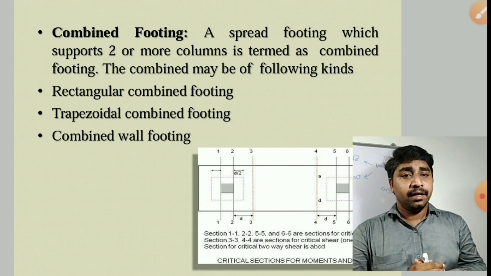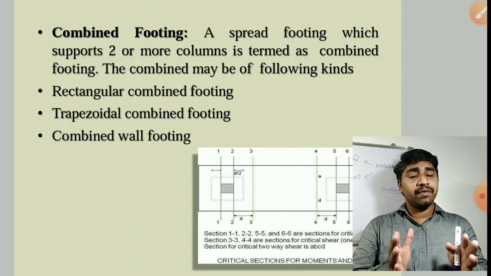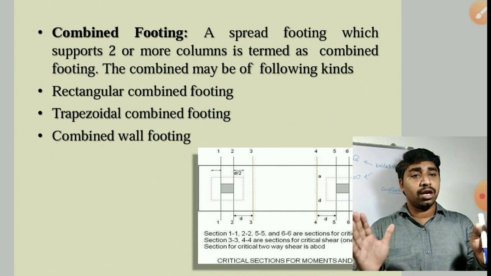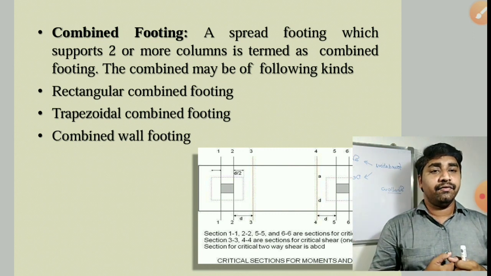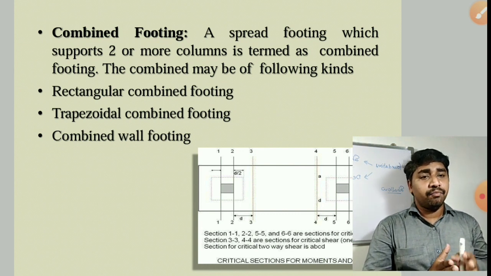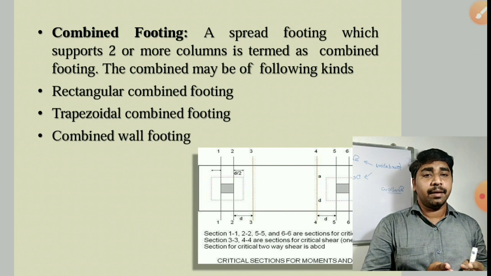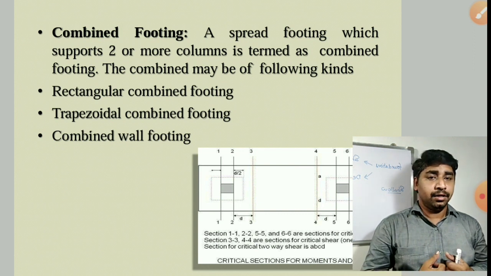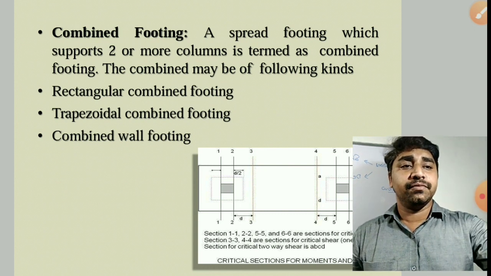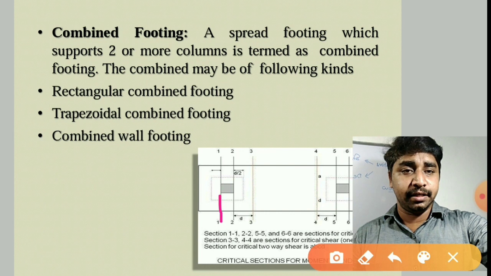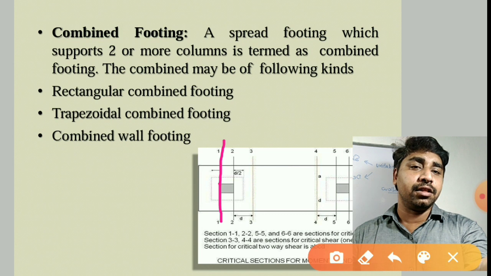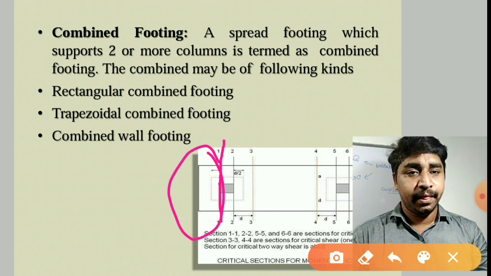But sometimes one column will be at the end of the property line, or both columns will be at the ends of the property lines, where the other half portion of the footing may be unable to extend beyond the property line. So here, for example, this is the property line, meaning this portion of footing we cannot lay here if the property line is at 1.